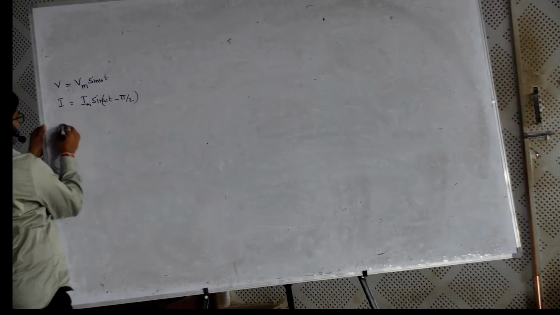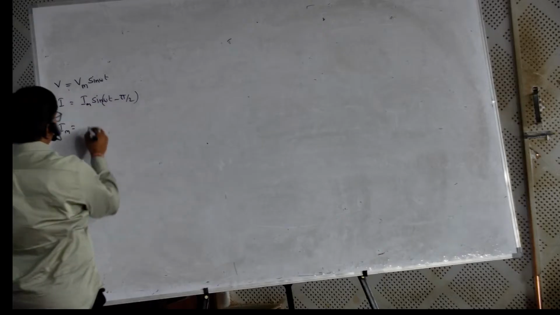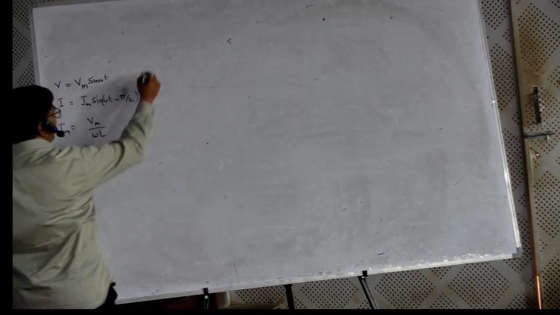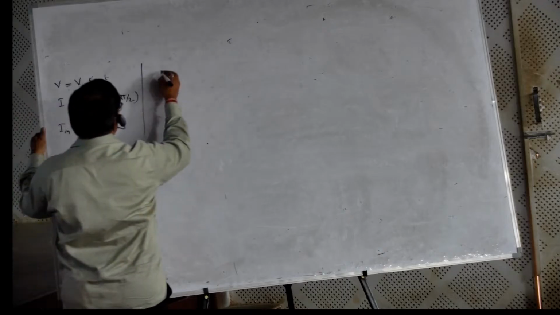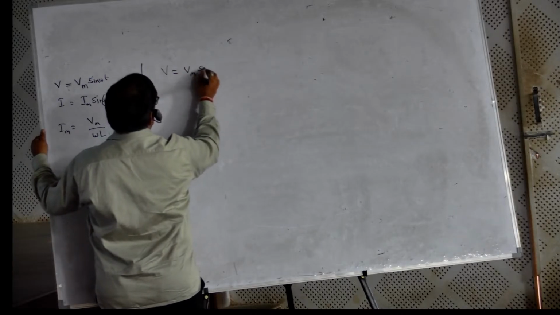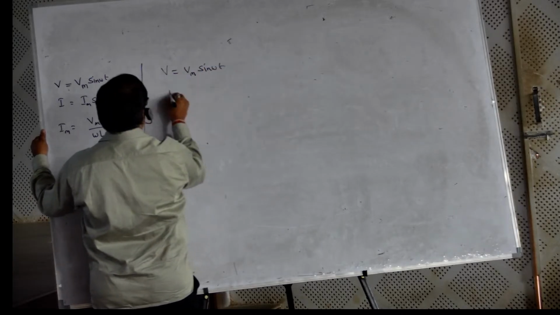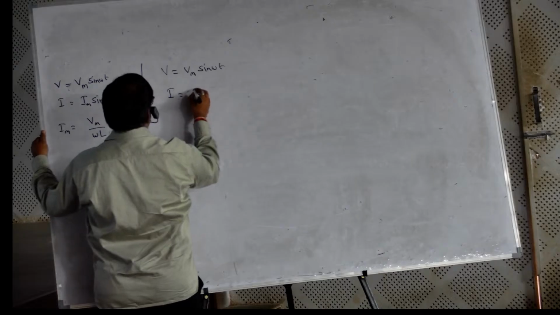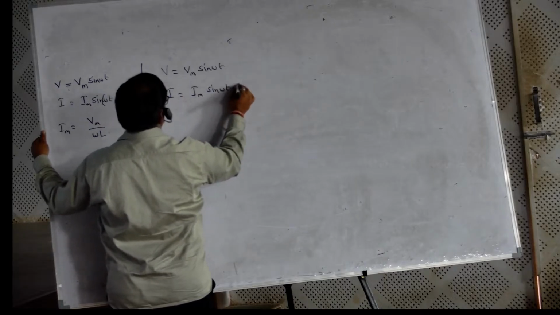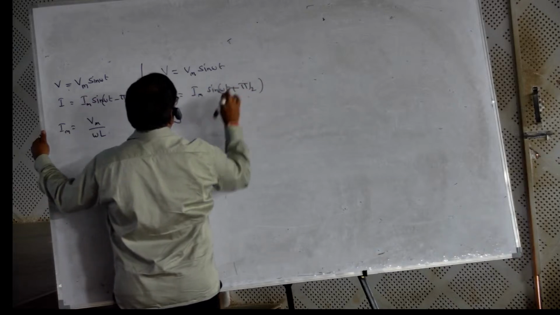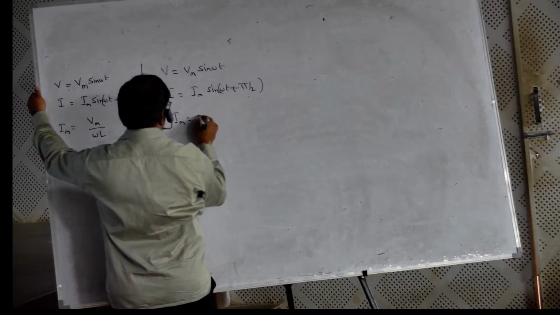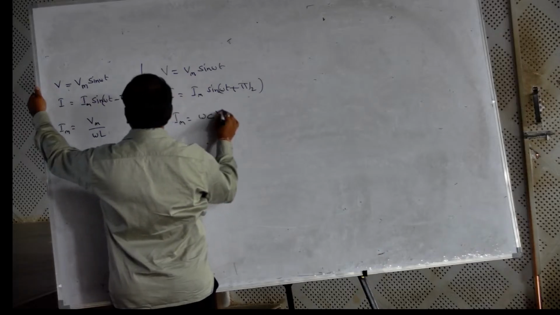From this, Im is equal to Vm by omega L. This is for the inductor. For the capacitor, V is equal to Vm sin omega t and I is equal to Im sin(omega t plus 90 degrees), and Im is equal to omega C into Vm.